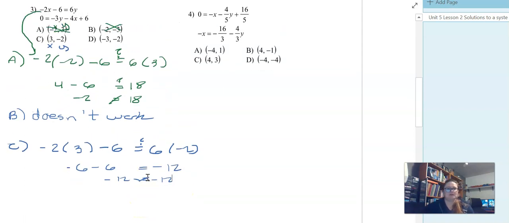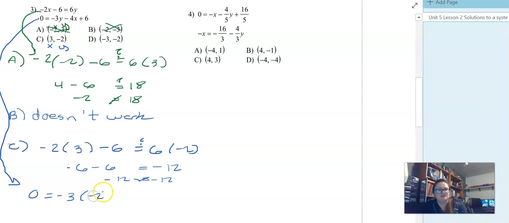This point works for the first equation, but we're not done, because now we need to try it for the second equation. So I'm going to take 0. Does that equal -3 times -2 minus 4 times 3 plus 6? See, I just put 3 for x and -2 for y. Does that work?